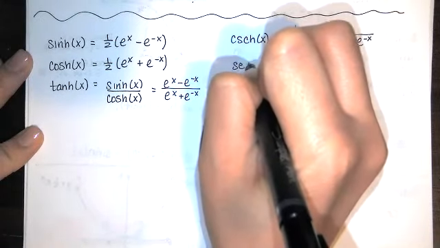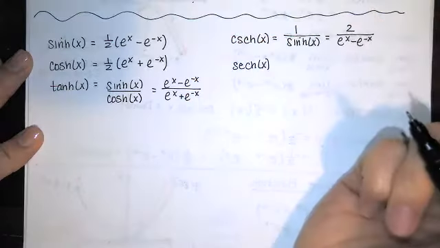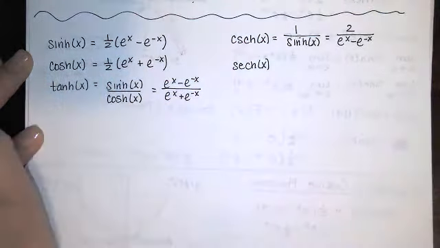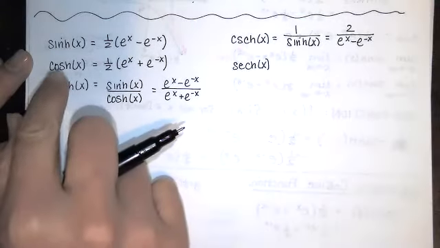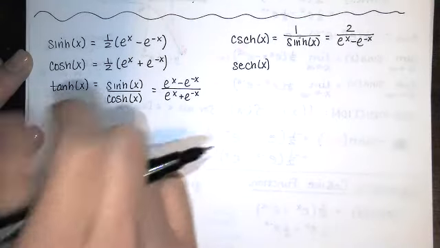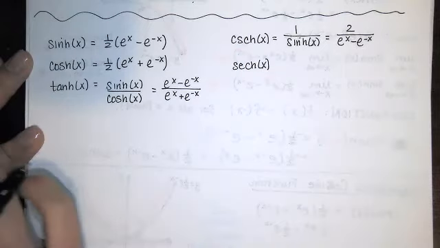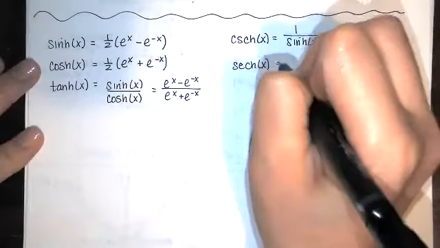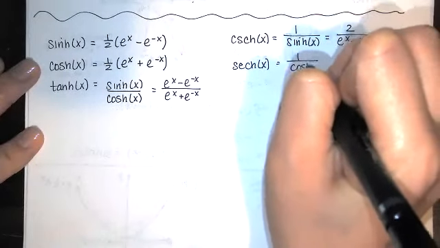And hyperbolic secant of x, since I'm relating secant and cosine, the definition of secant of x is 1 over cosine of x. The definition of hyperbolic secant of x is 1 over hyperbolic cosine of x.